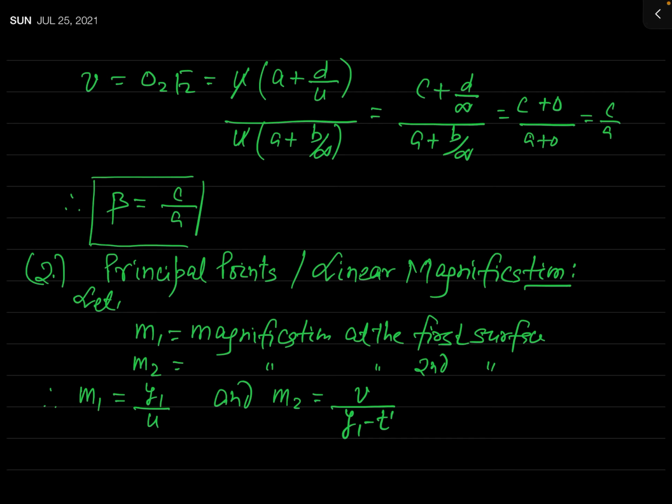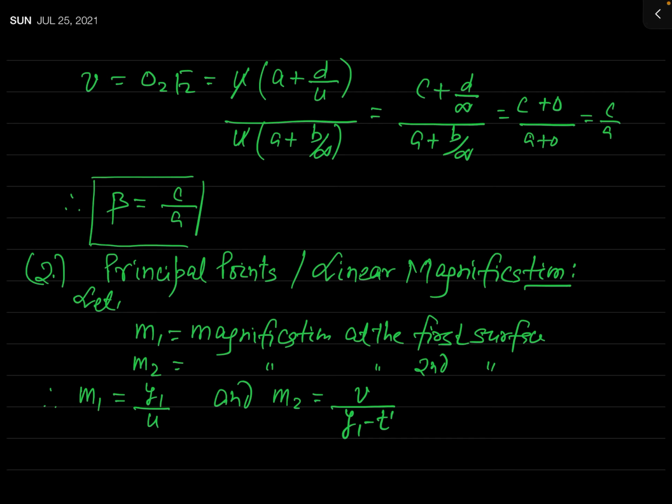Now actually these M1 and M2 are the magnifications of the first image and the second image, and in the case of an optical system which forms different images, the overall magnification is obtained simply by multiplying the individual magnifications, because magnification is a multiplicative property.